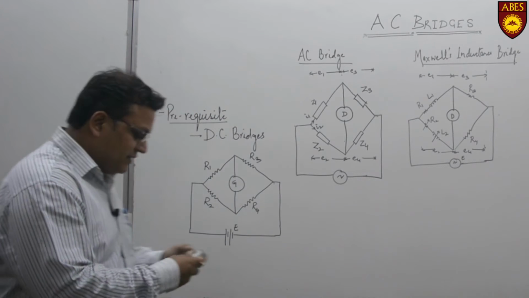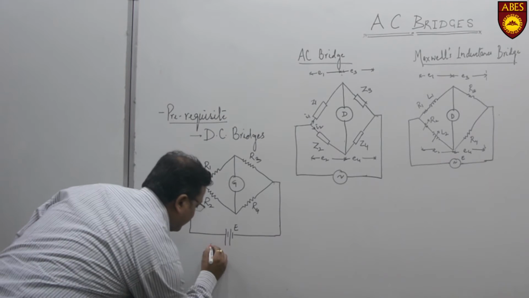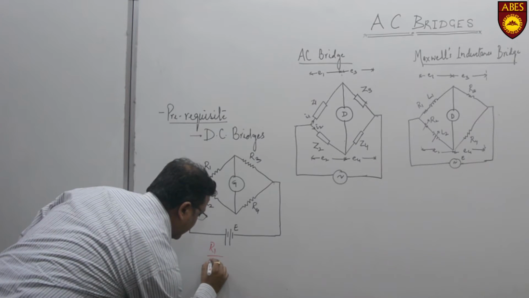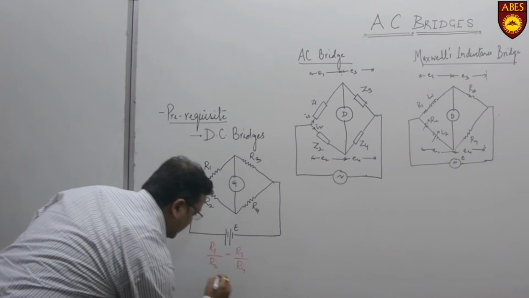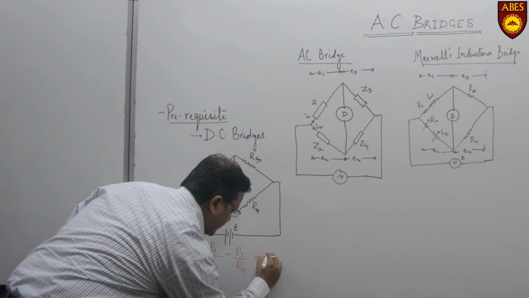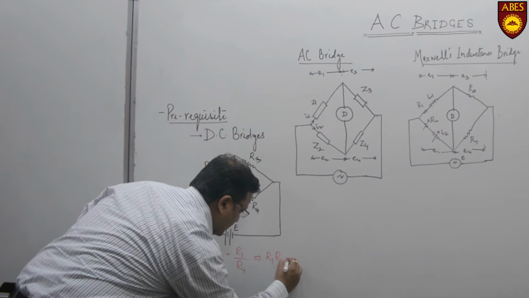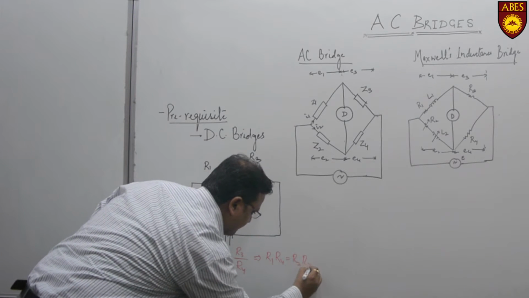You might remember the basic equation that was derived for DC bridges was R1 by R2 is equal to R3 by R4. This implies R1 R4 equals R2 R3.